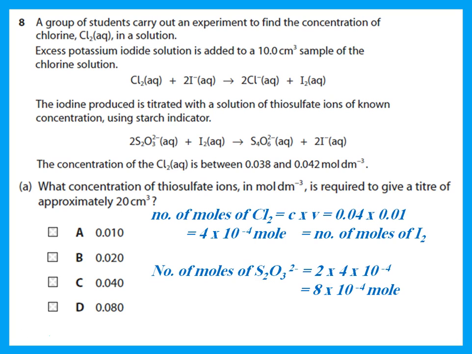Then the number of moles of thiosulfate, from the second equation, the thiosulfate is twice the number of moles of iodine. And then he wants what? He wants concentration. Concentration of the thiosulfate is number of moles over the volume. He's telling me he wants a volume of 20 centimeter cubed, so that's 0.02 decimeter cubed. And that means I need a thiosulfate of concentration 0.04.